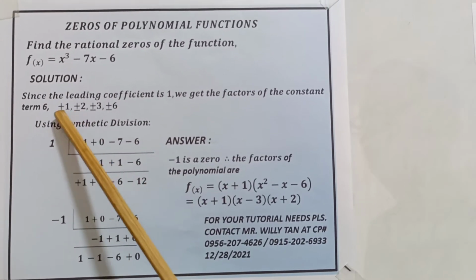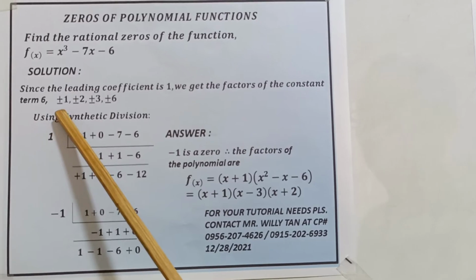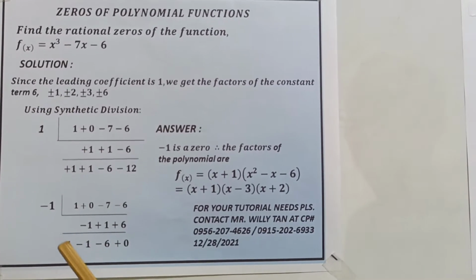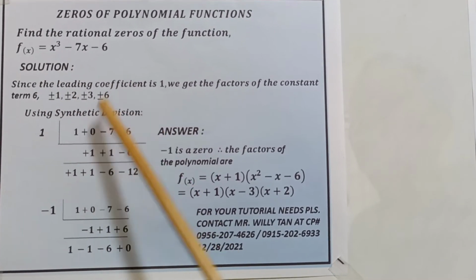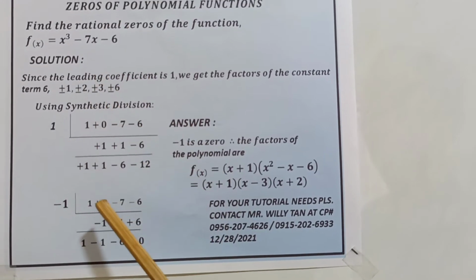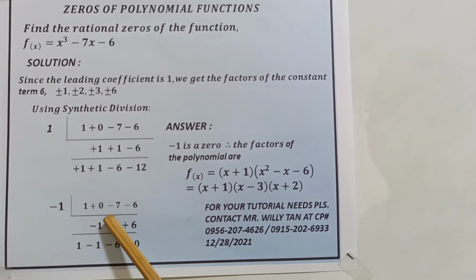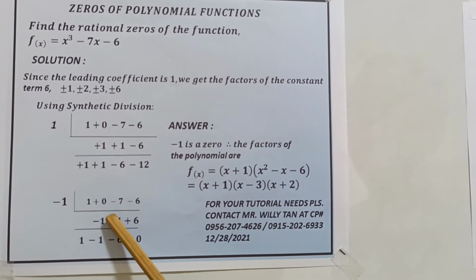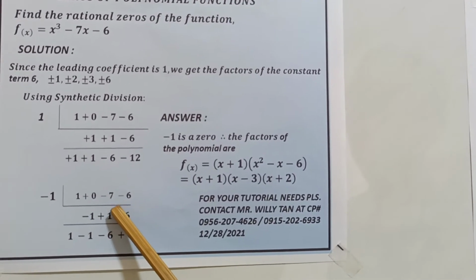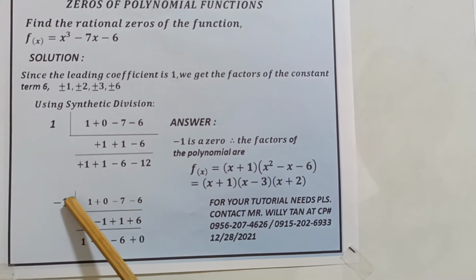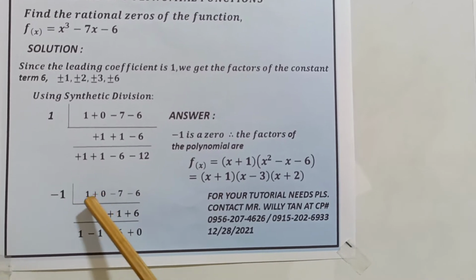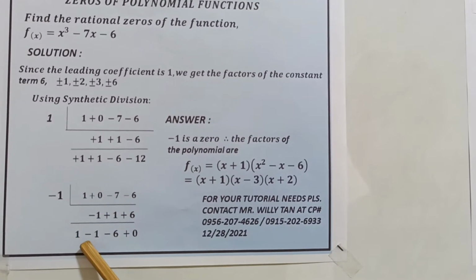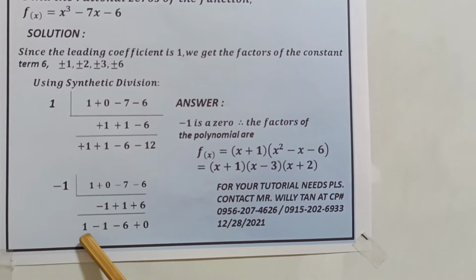So we try the next factor, which is negative 1, and we copy the coefficients again, assigning 0 for x squared. We rewrite 1, 0, negative 7, negative 6, and make use of negative 1. Again we bring down 1, the first coefficient.